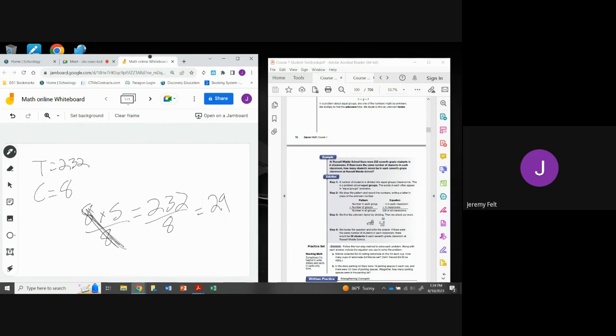It wouldn't really make sense if we said, oh, well, each class has 29.3 students or 10 and a half or something like that. Since we're talking about people in this example, we need to end up with a whole number. If we didn't, which is possible, then we would have to allocate different numbers to different classrooms. But since this one works out to be a nice even whole number, then we're good to go. So 29 students in each class.